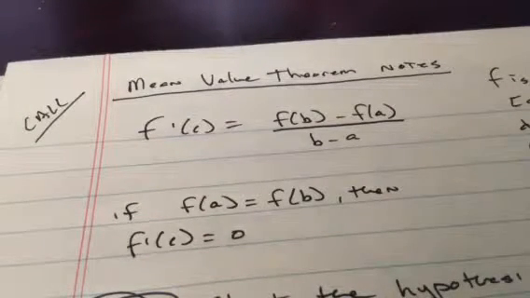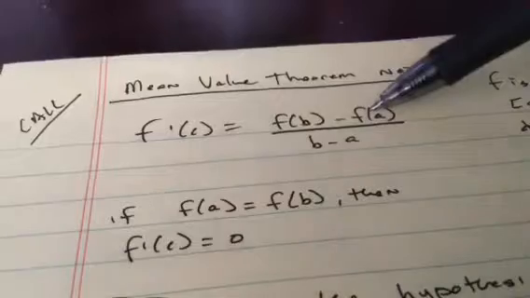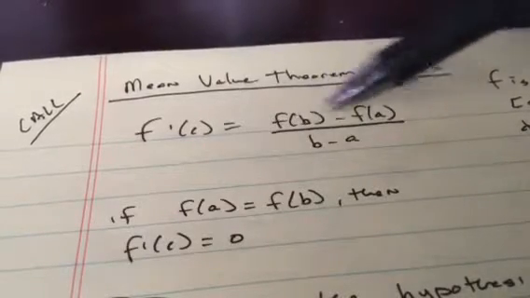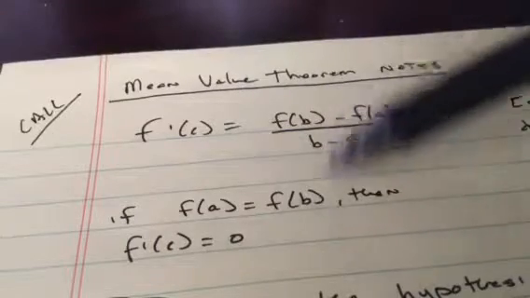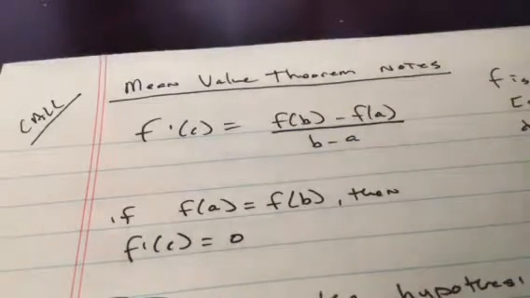All right, now as we learned yesterday from Rolle's theorem, if f of a is equal to f of b, then obviously, folks, this is going to be 0. 0 divided by anything is 0. So, folks, these are here the same two things. But if f of a is equal to f of b, then f prime of c will be 0.